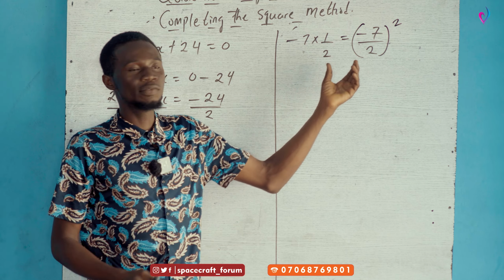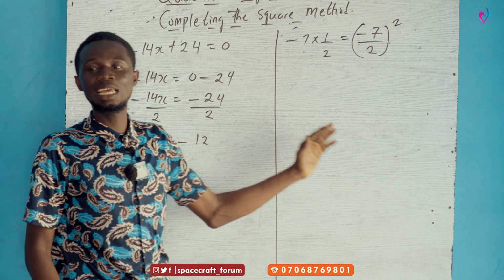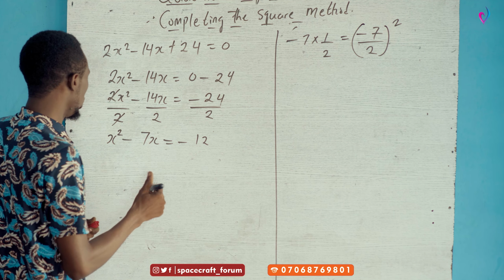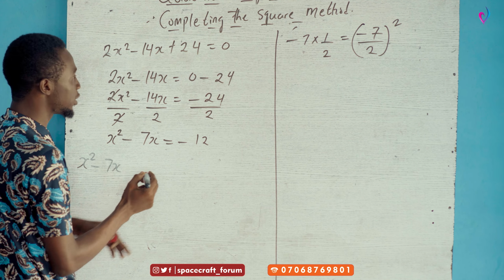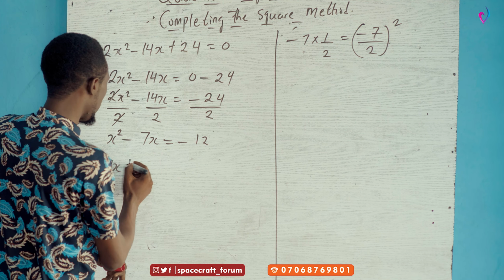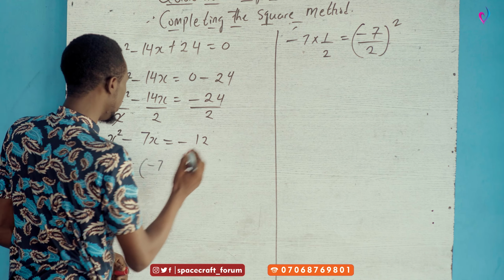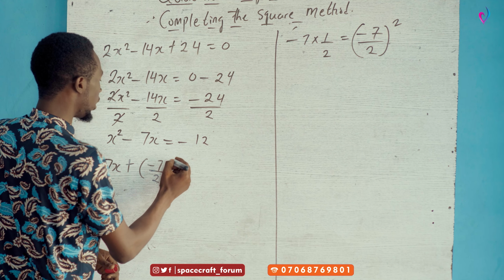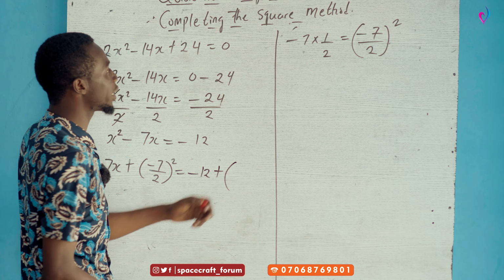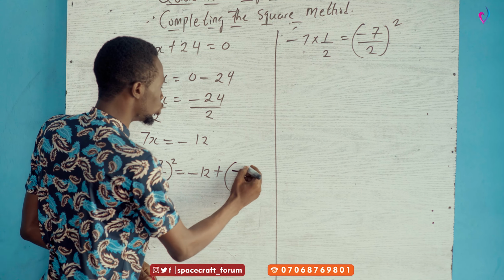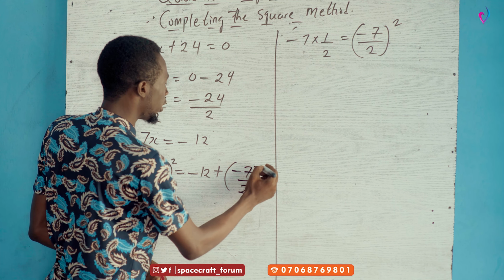We are going to add this value to both the right and the left hand side of the equation. Therefore, we have x squared minus 7x plus open bracket minus 7 divided by 2, everything raised to power 2, is equal to minus 12 plus open bracket minus 7 divided by 2, then everything raised to power 2.